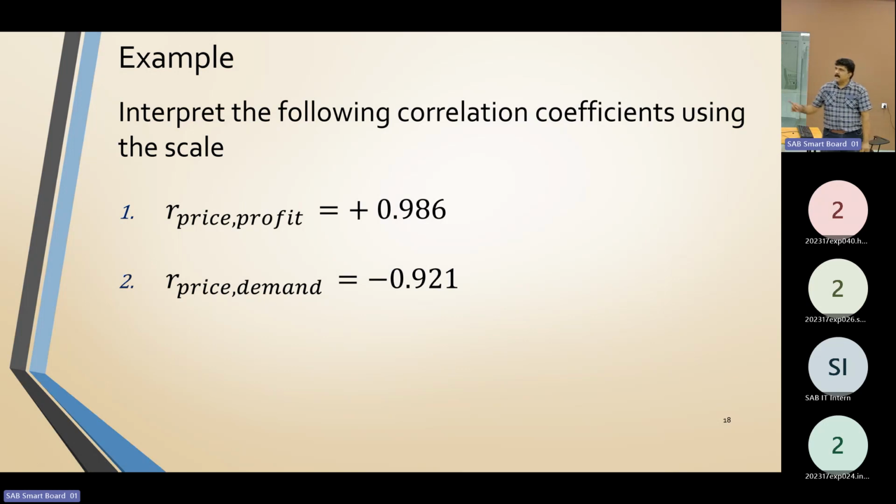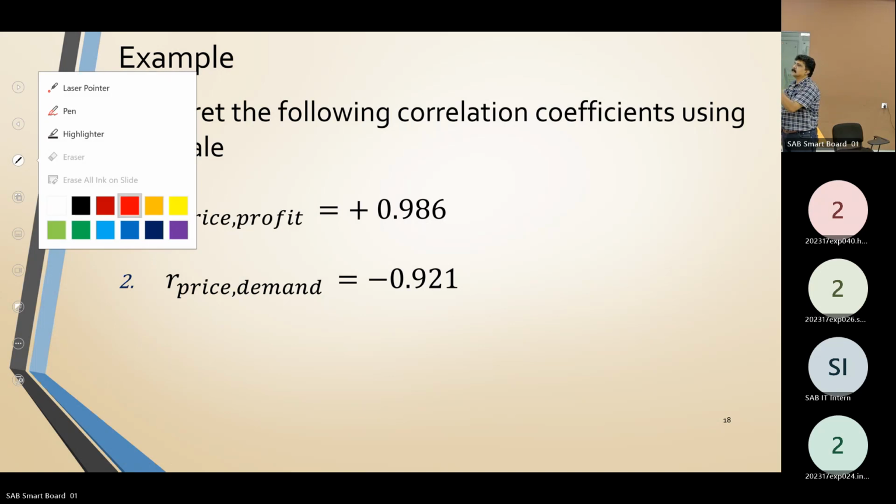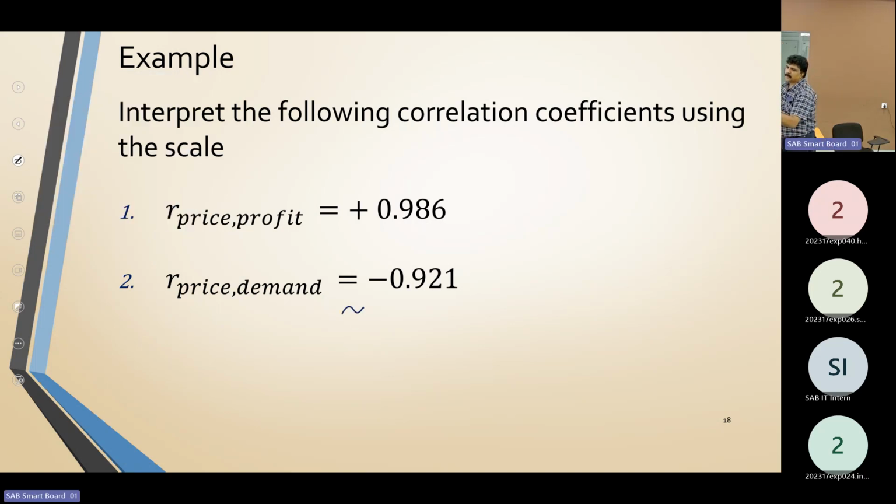Next, the R value between price and demand, the same thing we have calculated: minus 0.921. We approximate to 2 decimal places, so it is minus 0.92. Now we see in what region it falls.